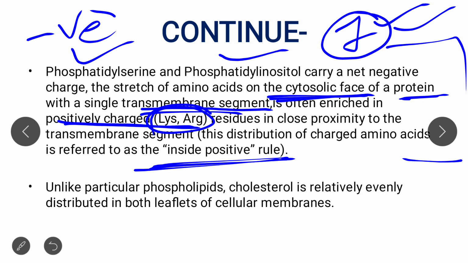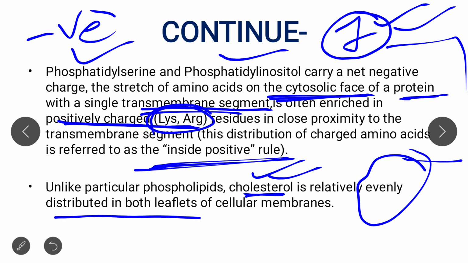We also studied that choline-containing phospholipids are present on the exoplasmic surface. But there is another lipid, a sterol, that is cholesterol. It is evenly distributed in both leaflets of the cellular membrane.